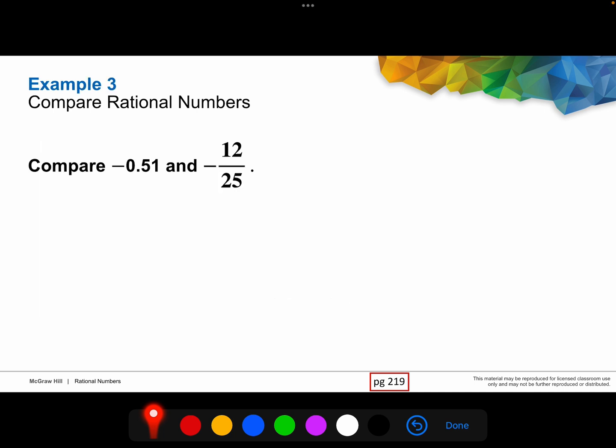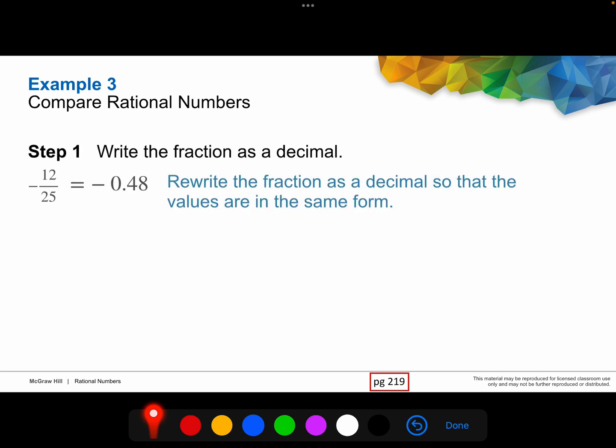All right. Example 3, compare negative 0.51 and negative 12/25. Now, since both of these are negative, our comparison step goes one step shorter, but one of these is in decimal form and the other is in fraction form. We're going to convert one of those. So we choose to convert negative 12/25 because it's an easy number that we relatively all know.